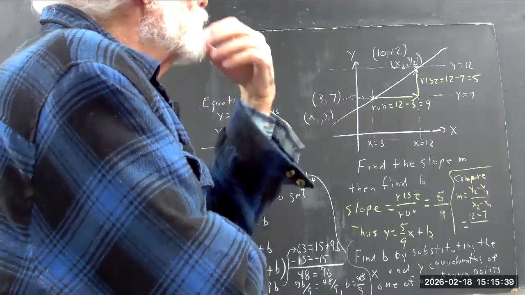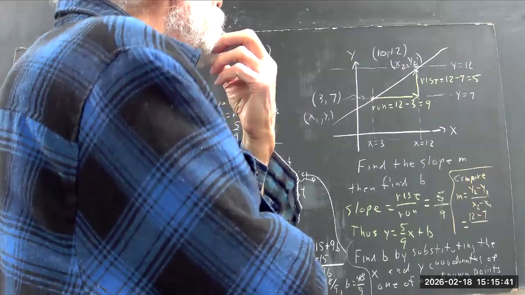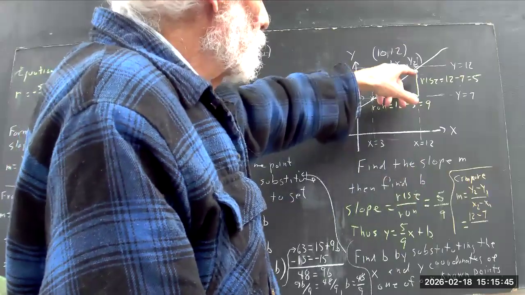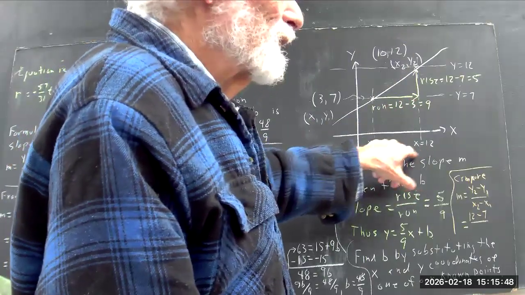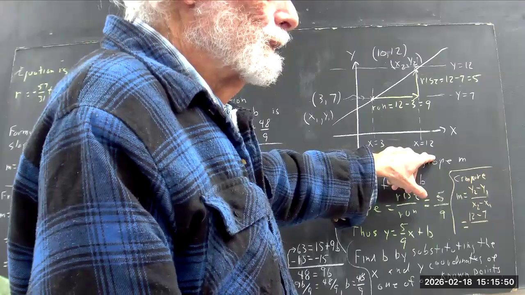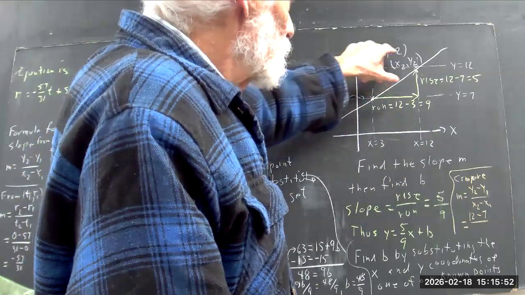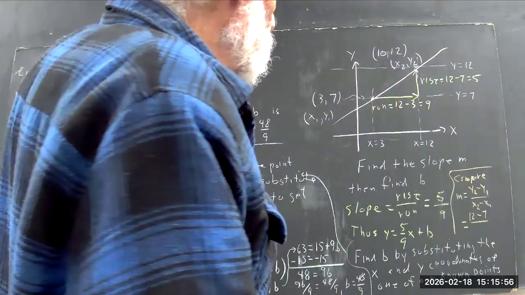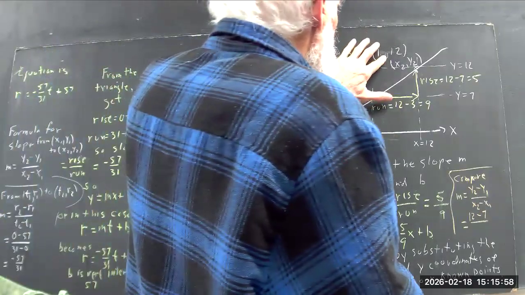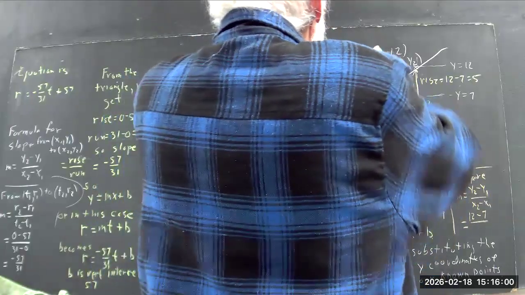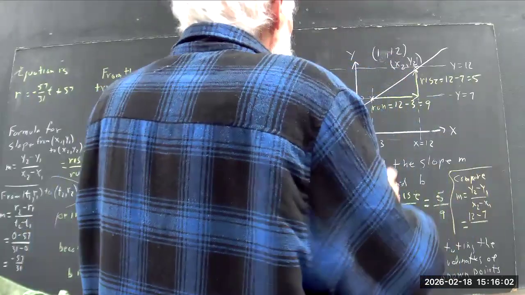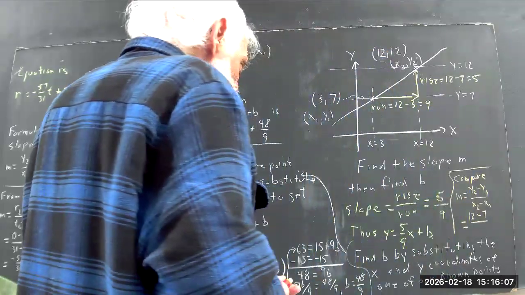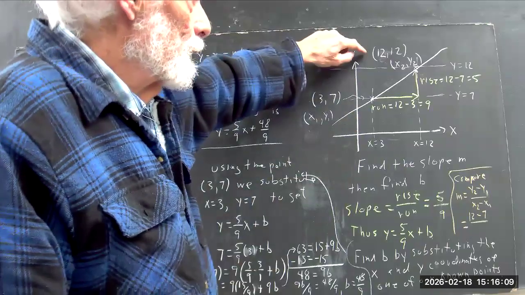The thing I've written up here is kind of wrong because when I drew my vertical line through the second point, I said x was 12. But the second point is 10,12, so x is 10. I'm going to make a change so that everything I've done is correct. Instead of 10,12, the second point should be 12,12.